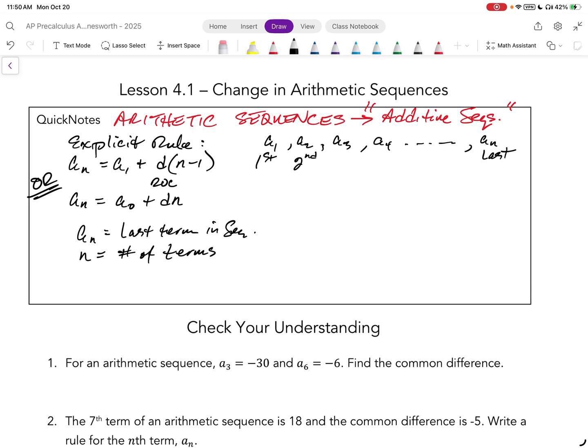And d is the same thing as the rate of change, but in sequences it's called the common difference.